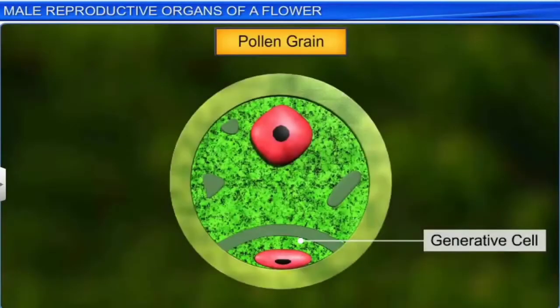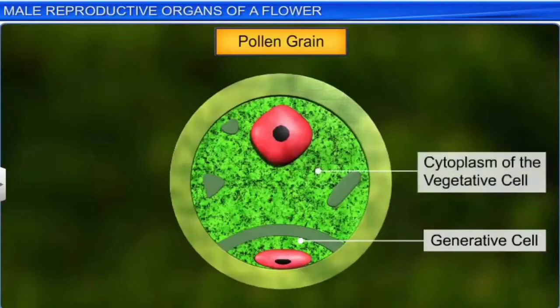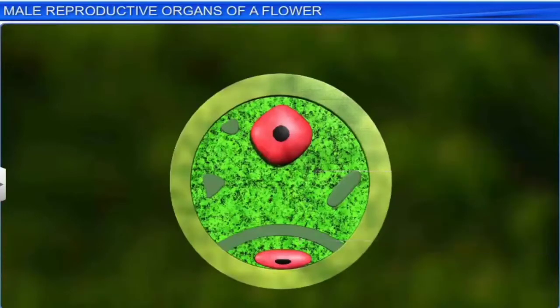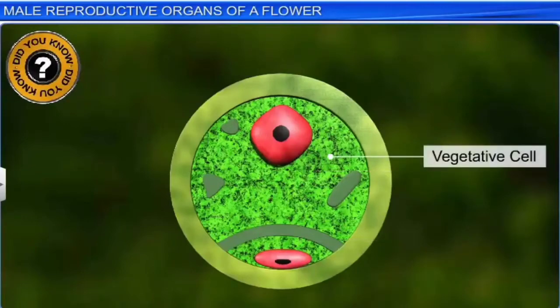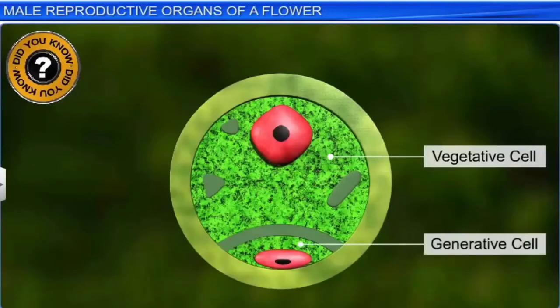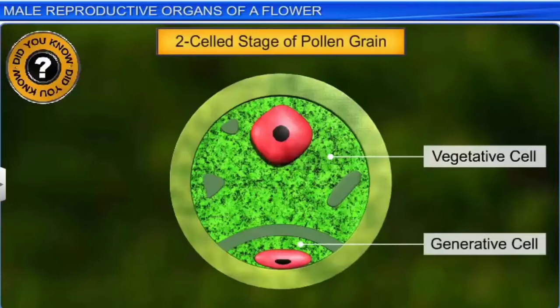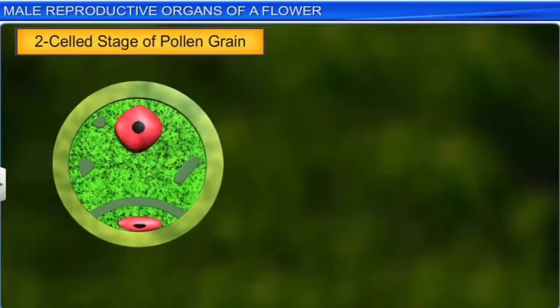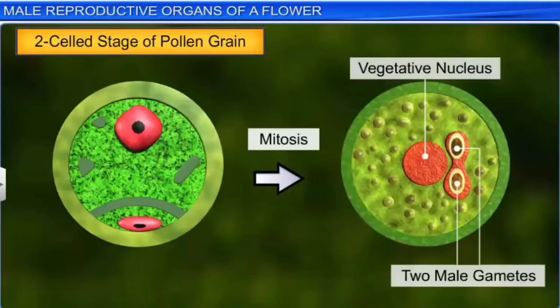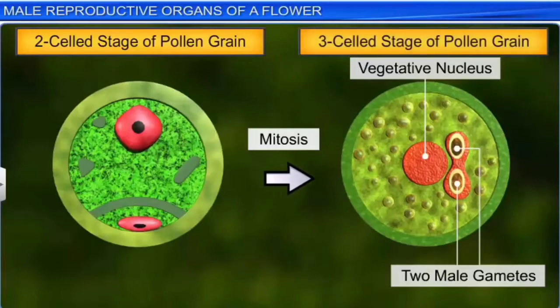Moreover, the generative cell floats in the cytoplasm of the vegetative cell. Did you know that the vegetative cell and generative cell represent the two-celled stage of the pollen grain? Later, the generative cell undergoes mitotic division to produce two male gametes. The pollen grain is now said to be at the three-celled stage.